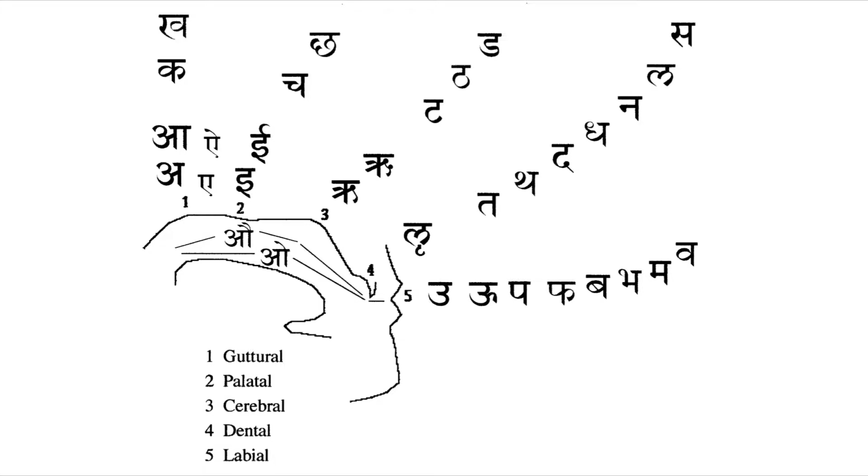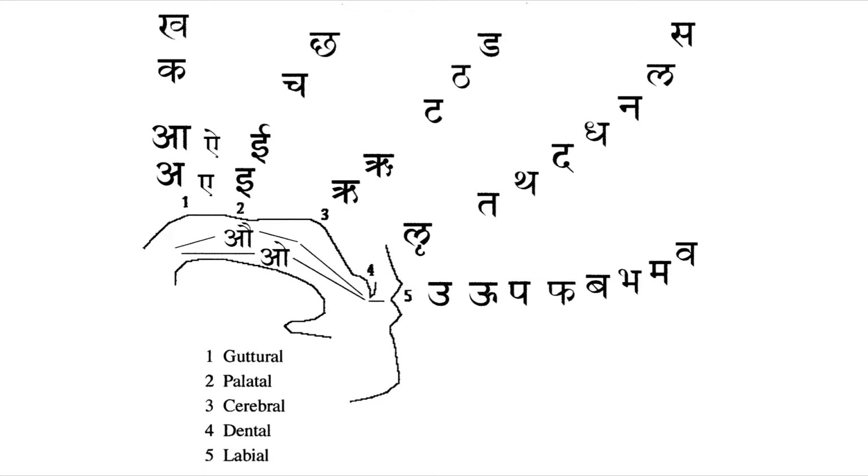Ah, e, e, oo, oo. Position 1, ah. Position 2, e, e. Position 5 at the lips. Ooh, ooh.